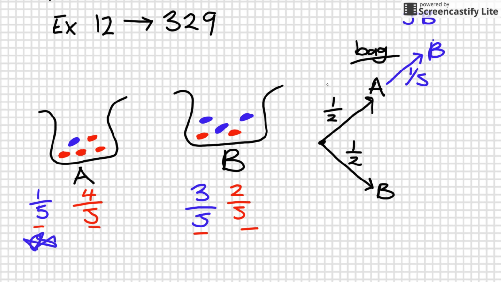The other thing that could happen when I select bag A is I could get a red jelly bean. But the chances of that happening, as we determined earlier, are 4 in 5. So, just to recap, I flip a coin. I could get bag A. I then reach into bag A to pull out a jelly bean. I could either get a blue jelly bean or a red jelly bean.